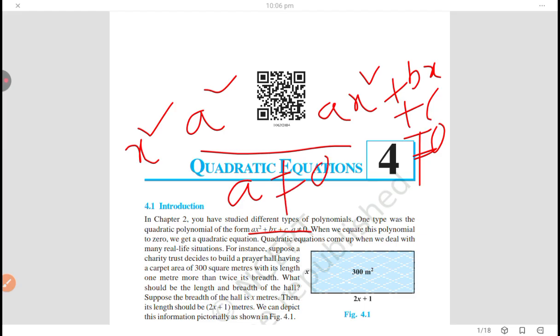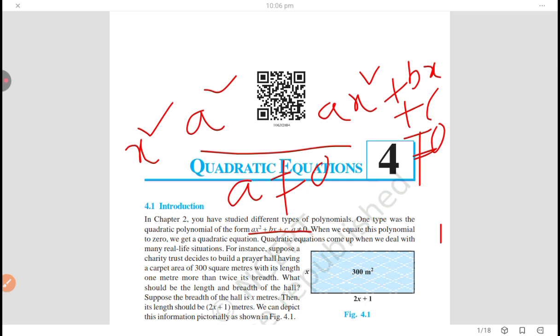If a becomes 0, it is not a quadratic equation because it should have at least power 2. So now a, b, c are real numbers. Then if a is equal to 0, the equation becomes linear, not quadratic.